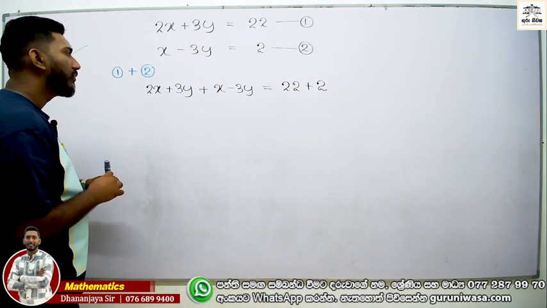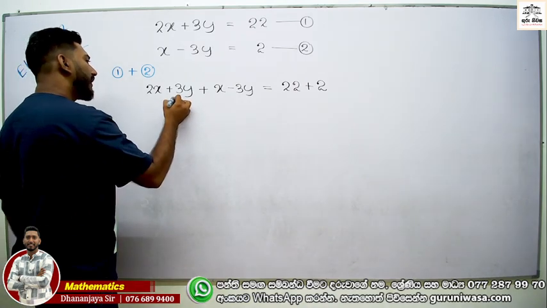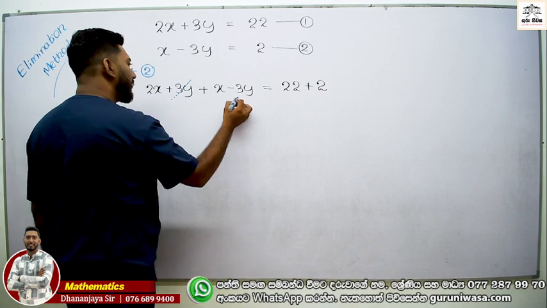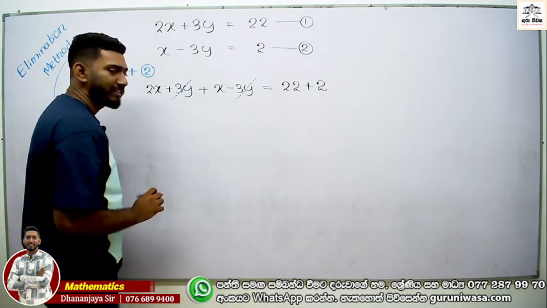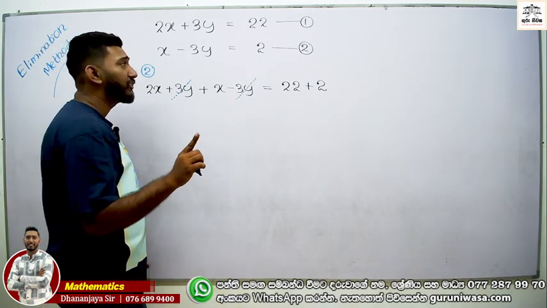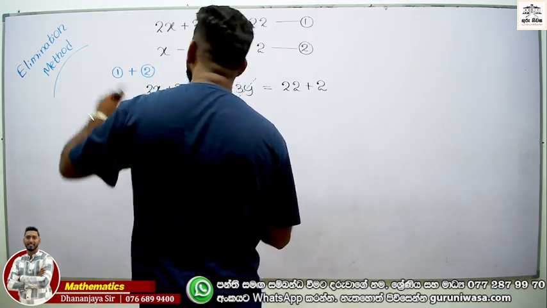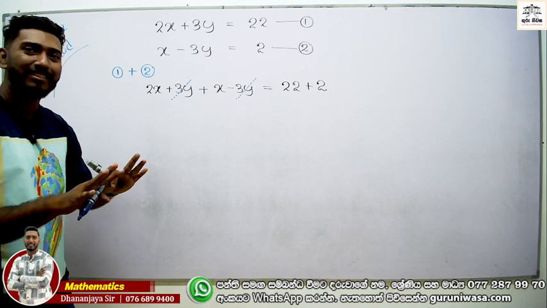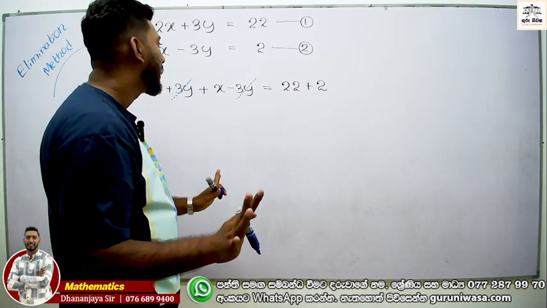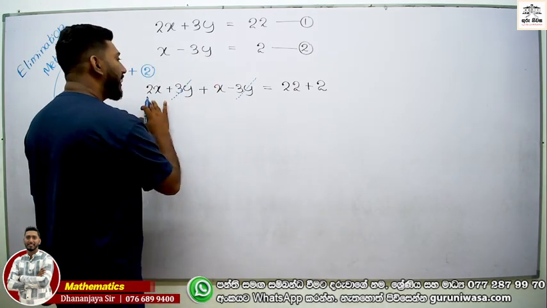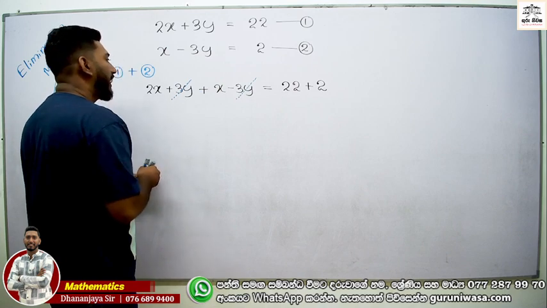And now you know plus 3y and minus 3y eliminated. Aha. That's the reason why I call this method elimination method. Now the y term is destroyed. Now we have only 3x, x and 2x.